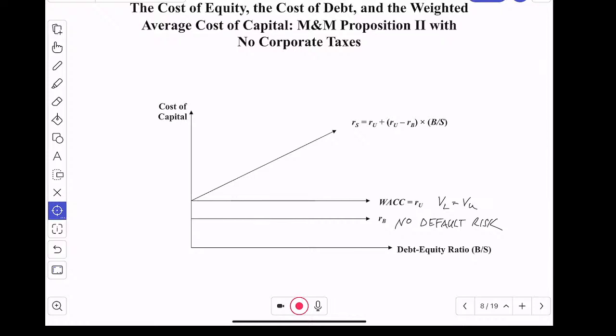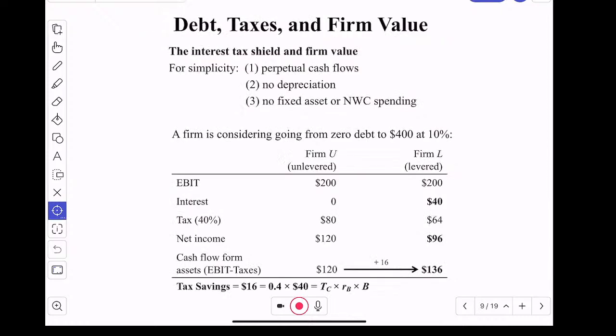Next, I'm going to allow for taxes. I'm going to introduce taxes but I'm going to maintain, for simplicity, a number of the assumptions we already made. And the big one here is that there is no risk of default still, okay?